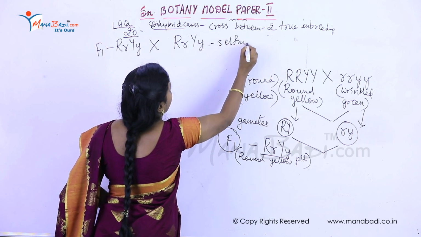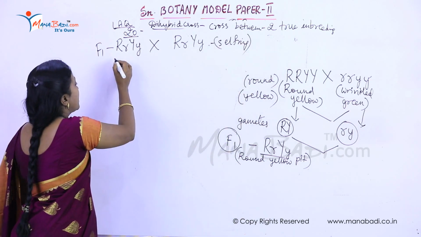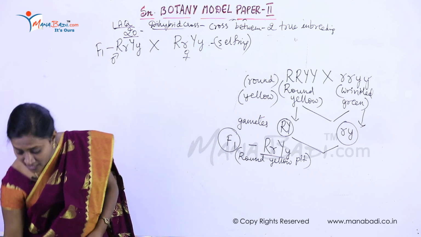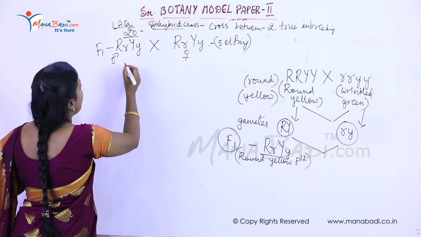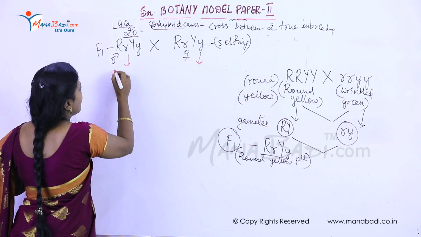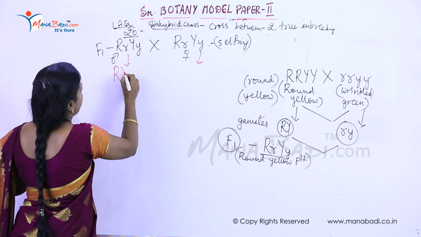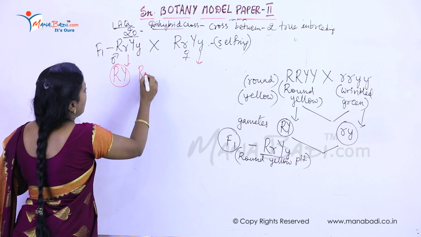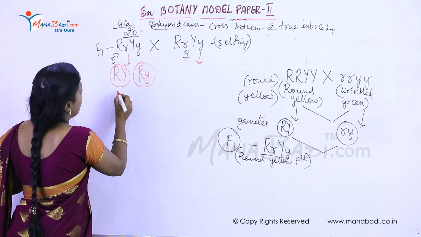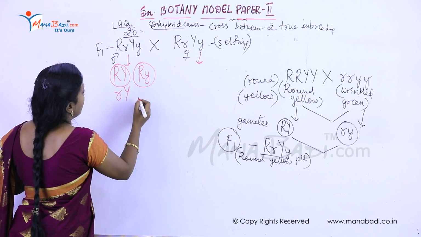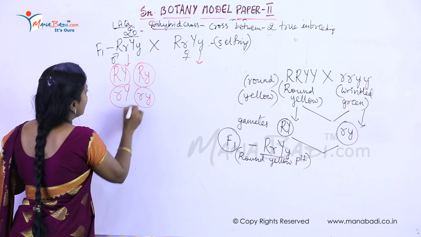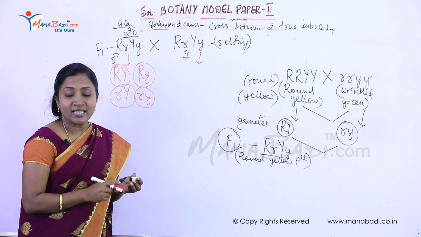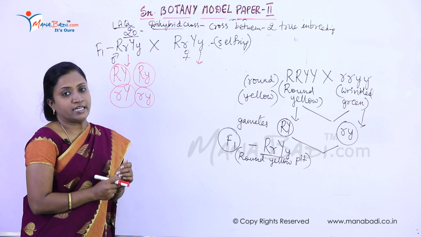Selfing of F1 offspring is done, where one can consider one as a male parent and one as a female parent, which results in the formation of gametes: capital R capital Y, capital R small y, small r capital Y, and small r small y. So these four are the gametes produced by the selfing of the F1 generation.